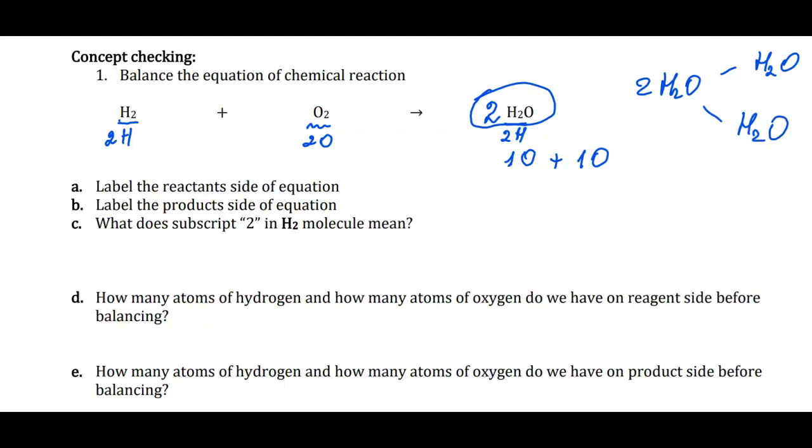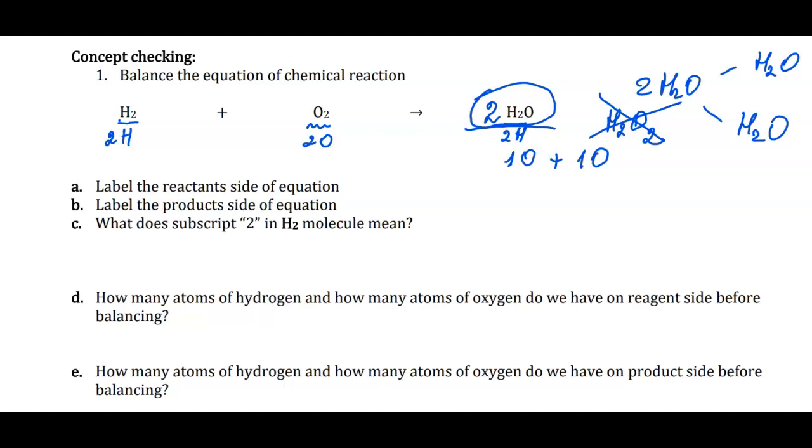But you do not do this. If you have H2O and you need double the amount of oxygen, you do not change the subscript, right? Okay. So when we put coefficient 2 in front of water, the amount of oxygen changed, right? But at the same time, the amount of hydrogen changed.